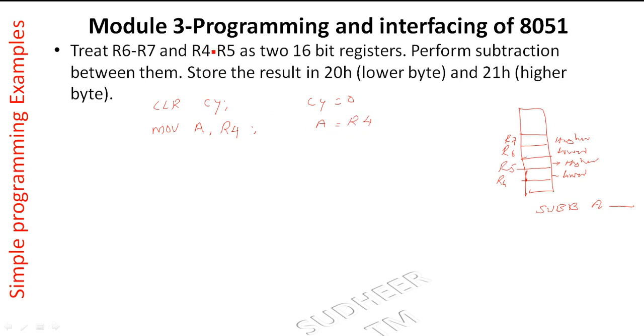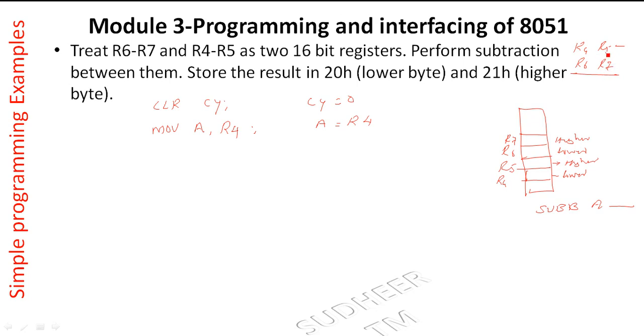So what was our R4? It was the lower byte. Next, we should take the next 16-bit lower byte, which is from R6. So here let us subtract R6 R7 from R4 R5.